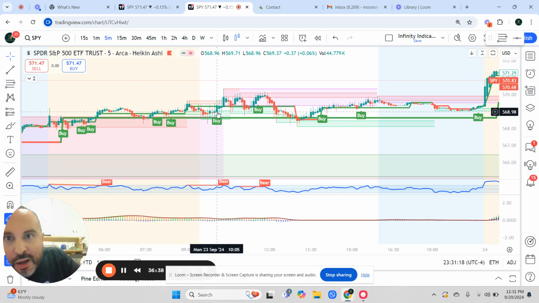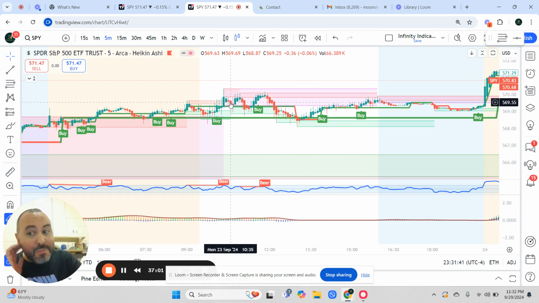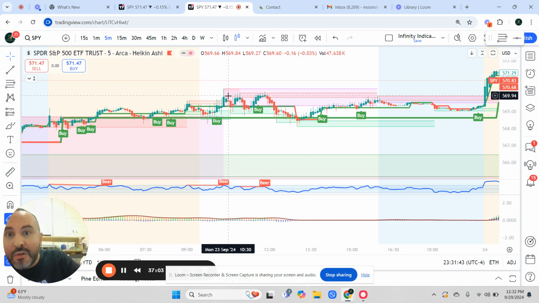But we opened at about 569, and then this trade ran all the way up to 570.35. Okay, so that's a dollar and change. This trade right here would have produced somewhere around 50% gains. So it doesn't look like a lot, but it's really a big win.